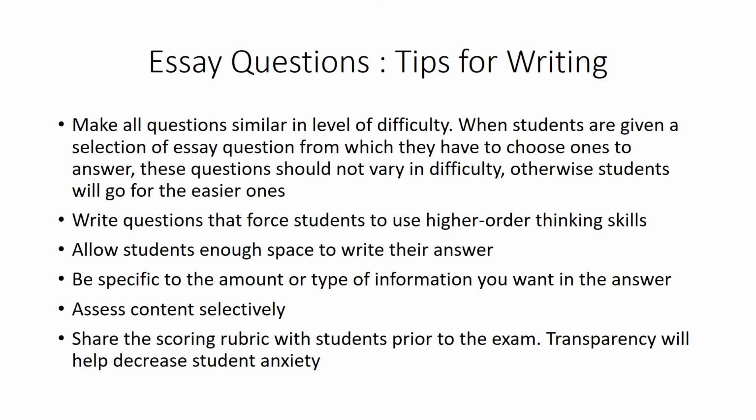Assess content selectively. So here, in order to be objective in correcting or scoring the essay, read the answers of your students carefully, and try to check only the things that are related to the question.